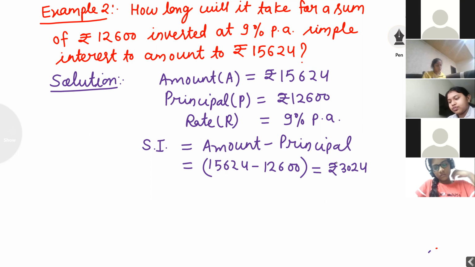This is the simple interest. Now I want to find out time. Note down, time T is equal to SI into 100 by P into R.